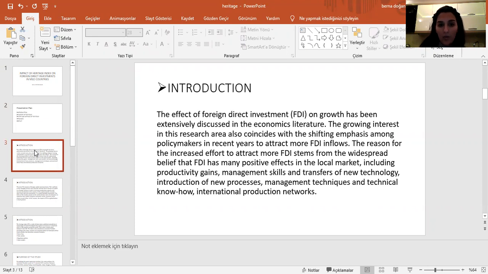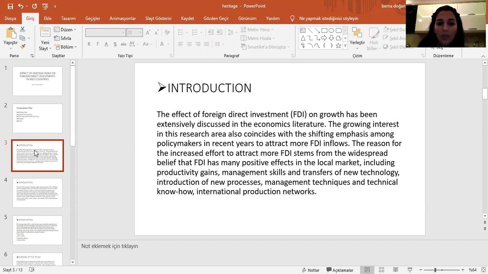The effect of foreign direct investment on growth has been extensively discussed in the economics literature. The growing interest in this research area also coincides with the shifting emphasis among policy makers in recent years to attract more FDI inflows.